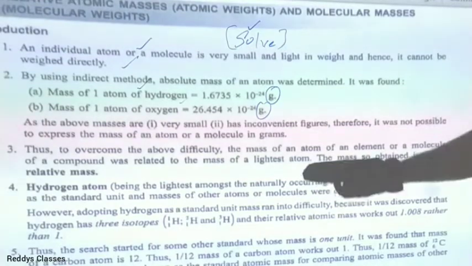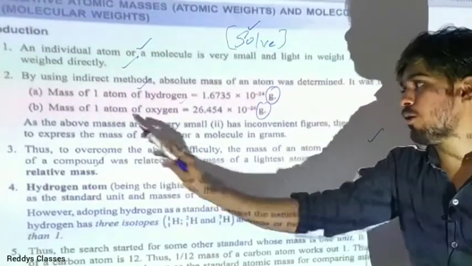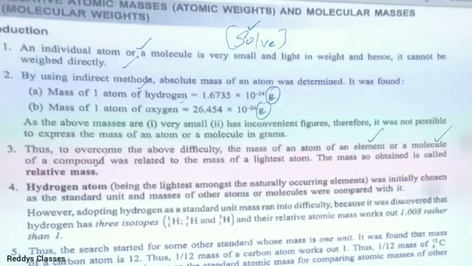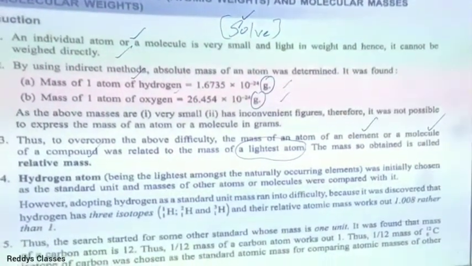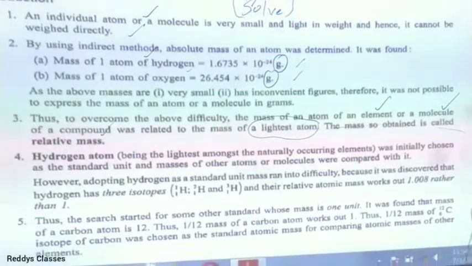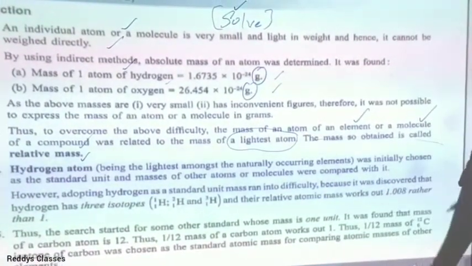Thus to overcome this difficulty, the mass of the atom of an element, a molecule or a compound was related to the mass of the lightest atom, not considered in grams. The masses so obtained are called relative masses.